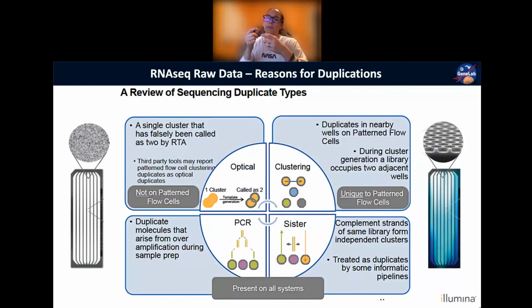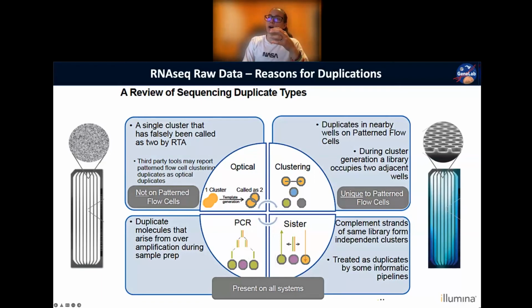So it can happen, especially if you overload your flow cell, that one of your inserts latches on to a probe on the flow cell and folds over, forming a cluster, but then also folds over into where another cluster is, forming 2 clusters that are close to each other.